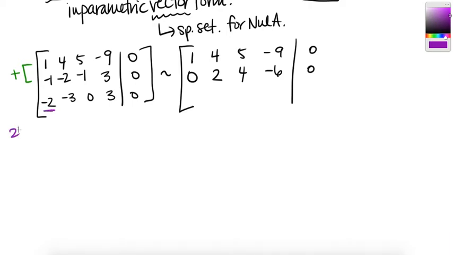So I'm going to do 2 times row 1. So that would be 2, 8, 10, -18, and 0, and then I'm going to add those together. Okay, so 2 and -2 gives me 0, 8 and -3 gives me 5, 10 and 0 gives me 10, -18 and 3 gives me -15, and 0.